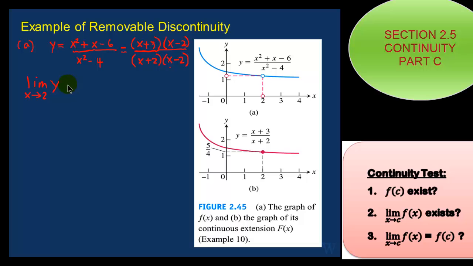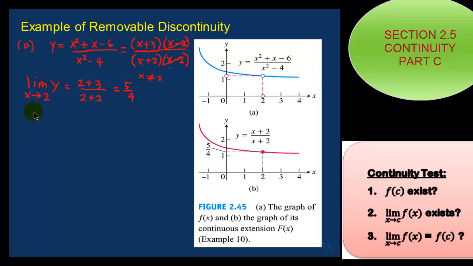The limit is equal to, well, I can go ahead and cancel as long as x is not equal to 2, and it'll be 2 plus 3 over 2 plus 2. That gives me 5 over 4.